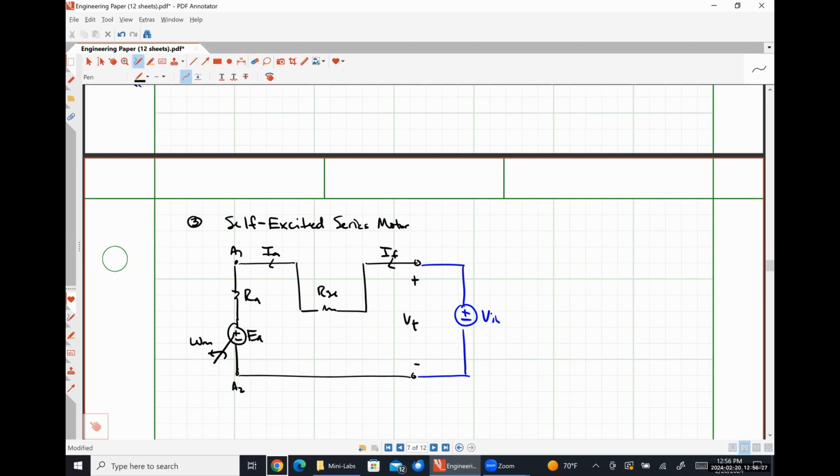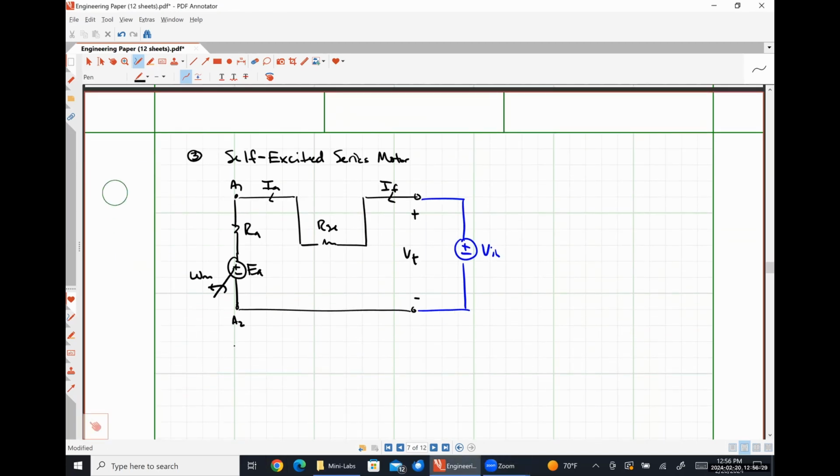All right, so governing equations, we have IT is equal to IA.